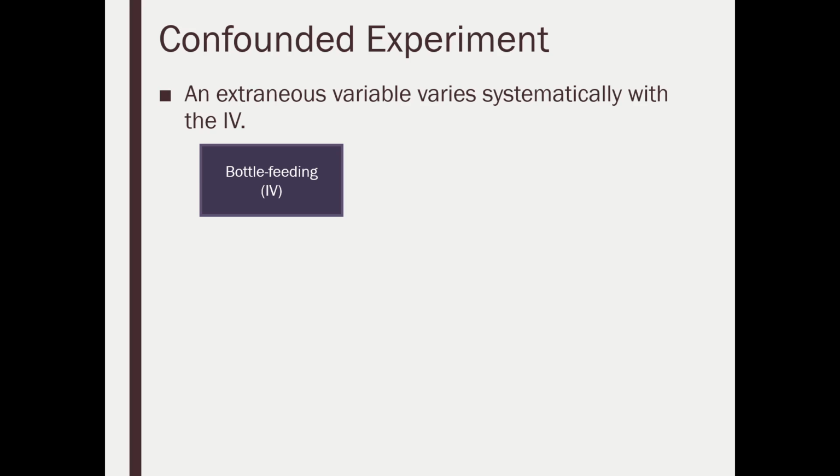Okay, so let's imagine that we're interested in the effects of bottle feeding versus breastfeeding. So our independent variable is, I guess, method of feeding, bottle feeding versus breastfeeding, on the development of diarrhea.